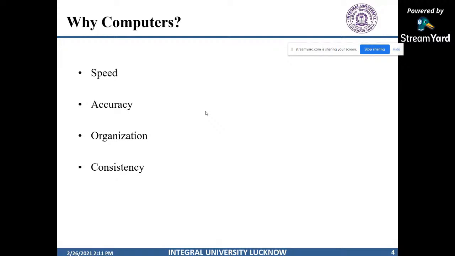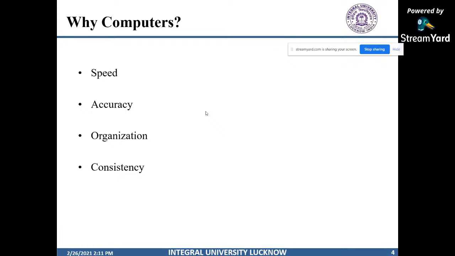And next one is accuracy of the computer. It is very incredible. Accuracy is very important in scientific research, because the accuracy of the work or the calculations we are doing is very important. Wrong calculations could result in an entire research or project being filled with incorrect information.